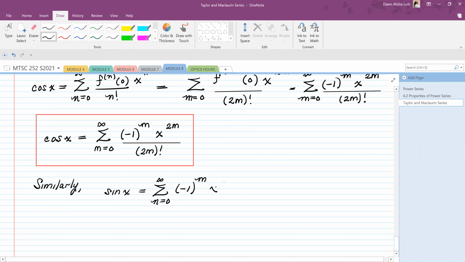Now this one is all the odd terms, because all the even terms go to 0 in this one.